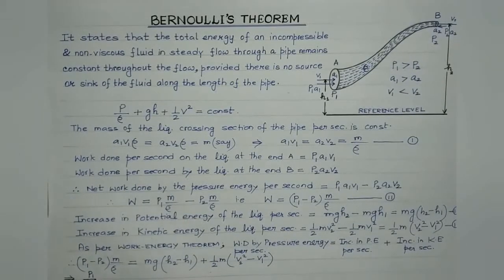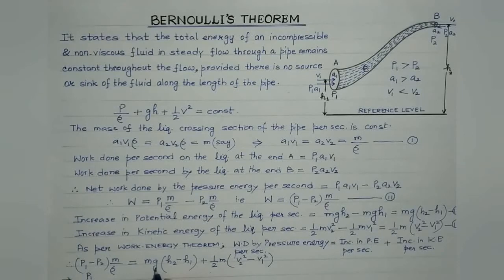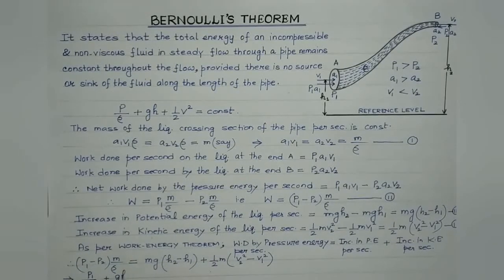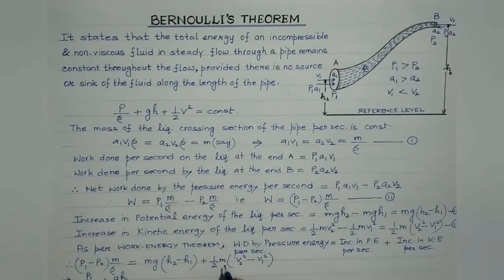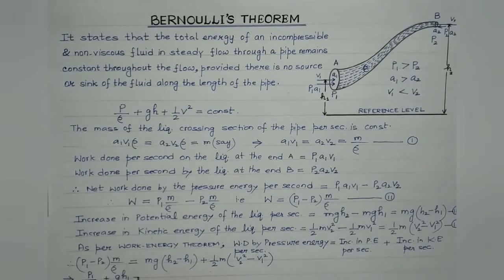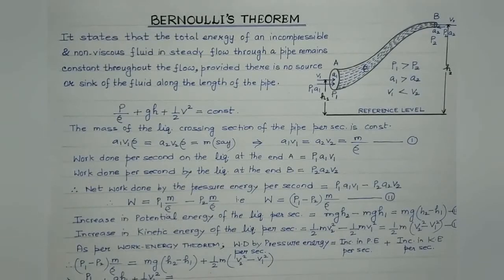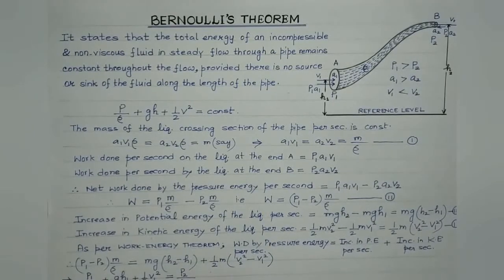Simply try to rearrange the terms. We get P1 by rho plus g h1 plus half v1 square, equal to P2 by rho plus g h2 plus half v2 square, as the signs change when terms move to the other side.